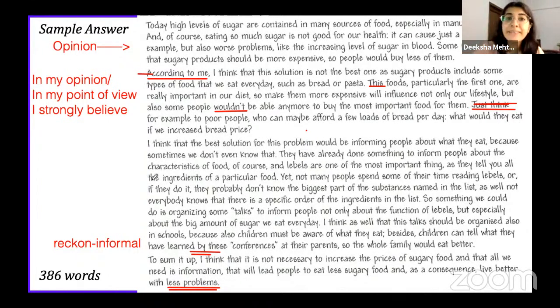So instead of by these conferences, it should be at these conferences, right? And why not less problems?